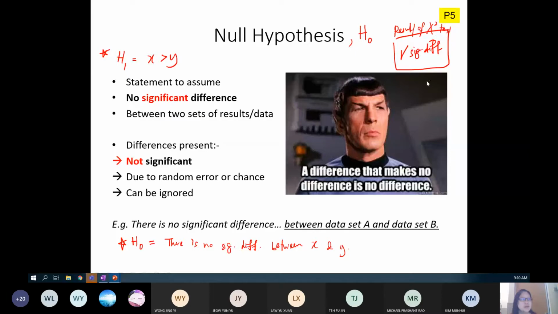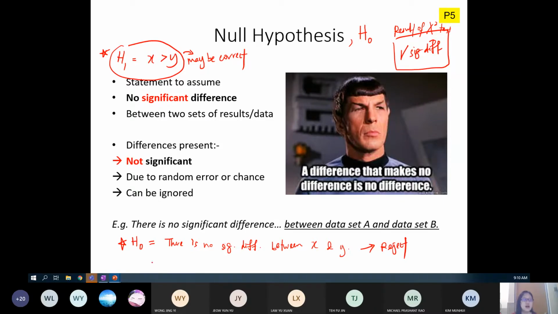So what do you do with the hypothesis? I can reject my null hypothesis because it says that it's significantly different, right? So I can reject this. And I can say that this may be correct. Why may? Because the chi-square test tells you if it's significantly different. It doesn't tell you if it's more or less.